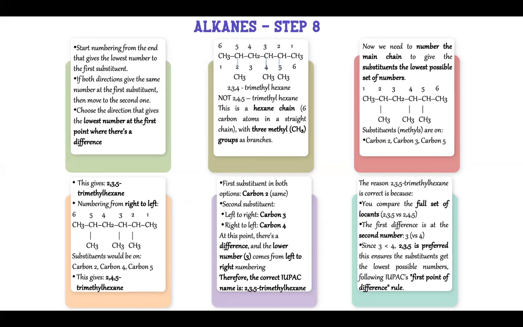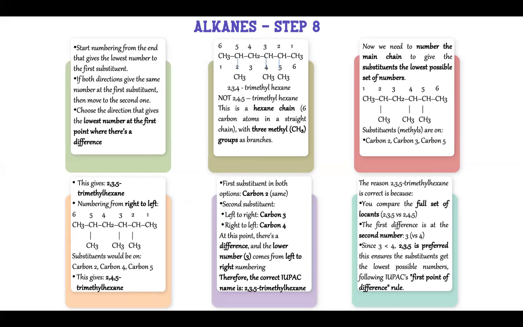The name for this example is 2,3,5-trimethylhexane, not 2,4,5-trimethylhexane. This is a hexane chain, which consists of 6 carbon atoms in a straight chain with 3 methyl groups as branches.